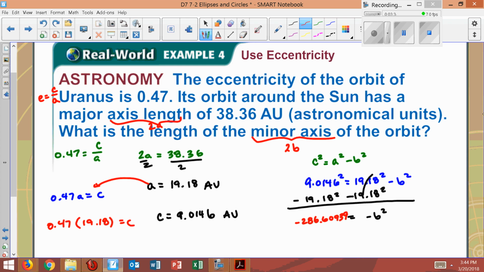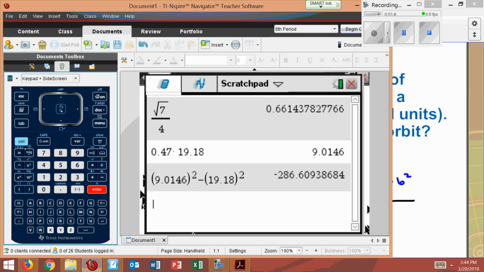Now the negatives could cancel each other out because it's negative on both sides. And now to get the B and later the 2B, we would take the square root. So B would equal the square root of this number. So now let's go back over here, and we're going to say the square root. If I just type in this number, it's going to give me an error because you're not allowed to take a negative square root.